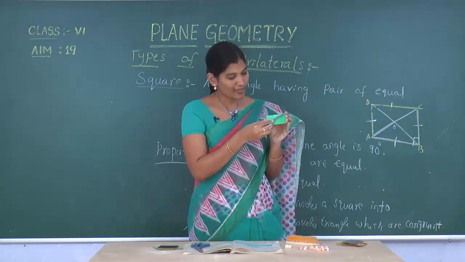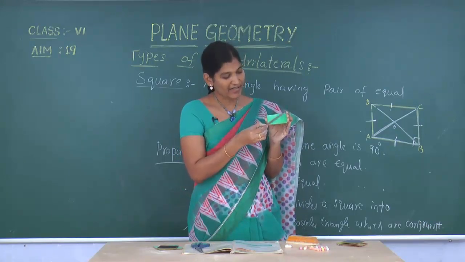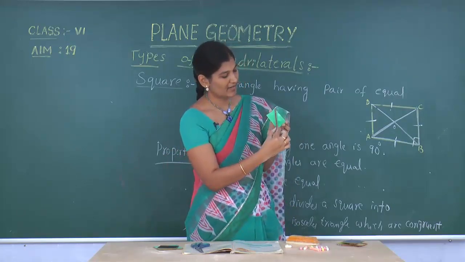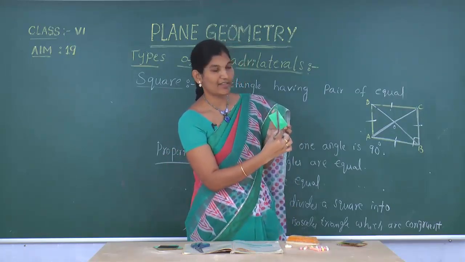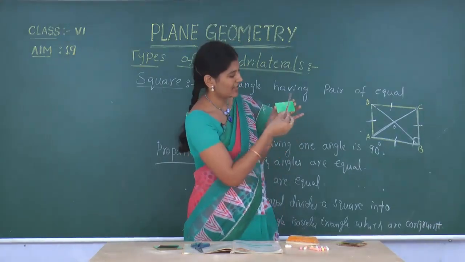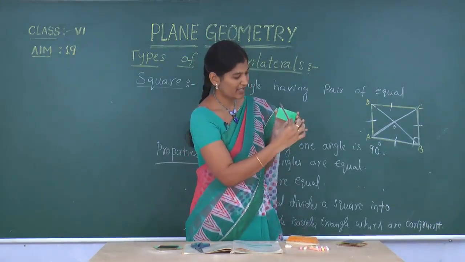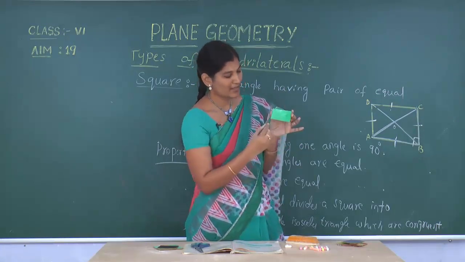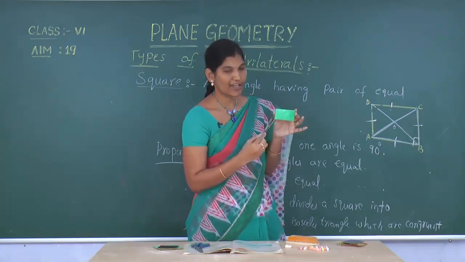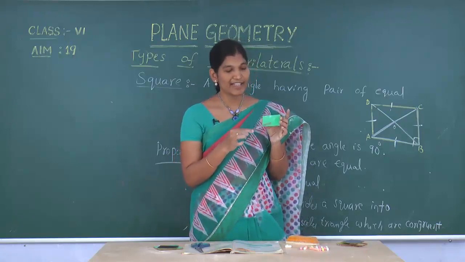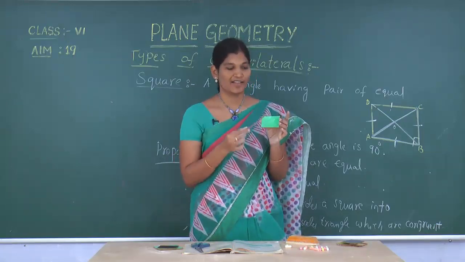Let me measure approximately, and this is this much, and these two are up to here only, and here also up to here only. So the lengths of the diagonals are equal in a rectangle, and opposite sides are equal.